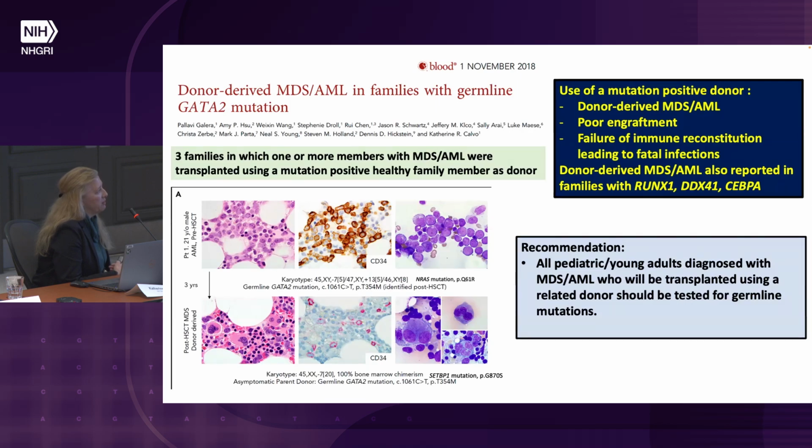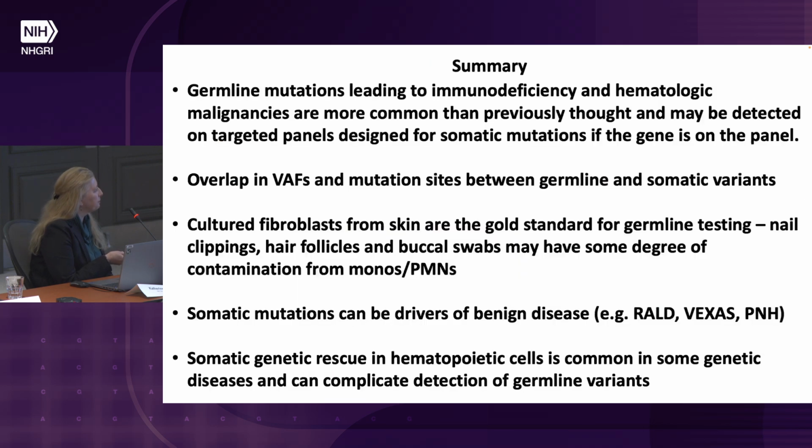This has been described for a number of families having germline mutations predisposing to malignancy. So we recommended that all pediatric and young adults diagnosed with MDS or AML who will be transplanted using a related donor should be tested for germline mutations.